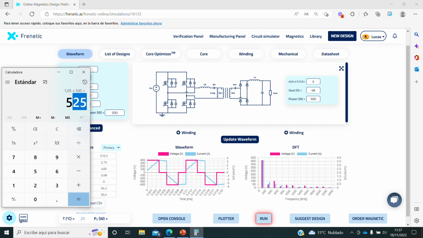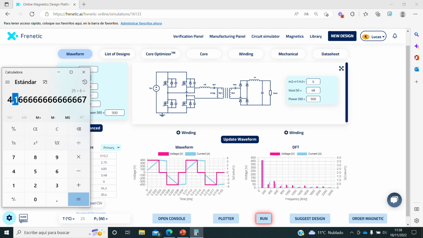Now, as a rule of thumb, and this depends on the application, we can take 1/5 or 1/6 of these losses in the complete system for my magnetic component. So if I divide 25 watts by 6, this means in my transformer, I could lose up to 4.2 watts, more or less.